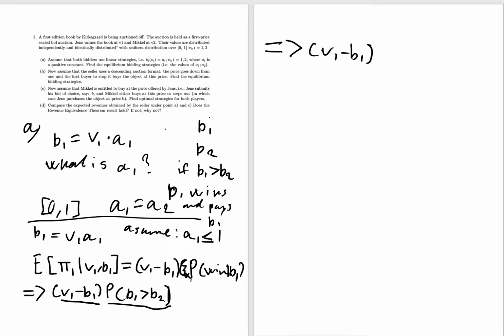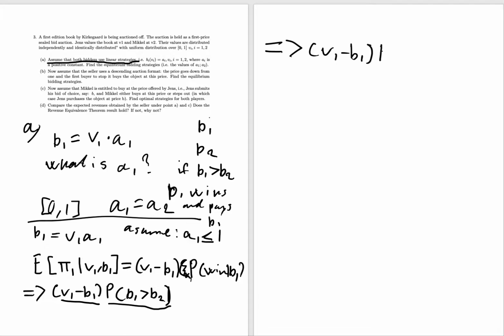And we can do that because we've been given exactly this assumption. We have been asked over here to assume that both players use linear strategies. So now we're just going to insert this strategy.